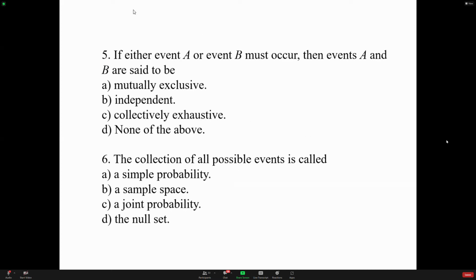Okay, next look at question 5. If either event A or event B must occur, then events A and B are said to be, yes, the answer is correct, collectively exhaustive.